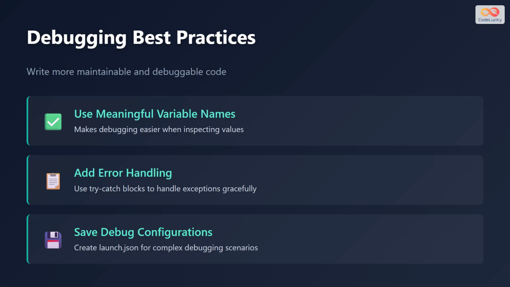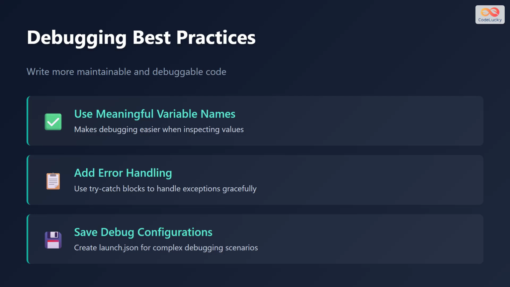Following debugging best practices makes your code easier to maintain and troubleshoot. First, use meaningful variable names throughout your scripts. Descriptive names like user data or connection status are much easier to identify in the variables panel than cryptic abbreviations. Second, add proper error handling using try-catch blocks to handle exceptions gracefully and make debugging smoother when things go wrong.